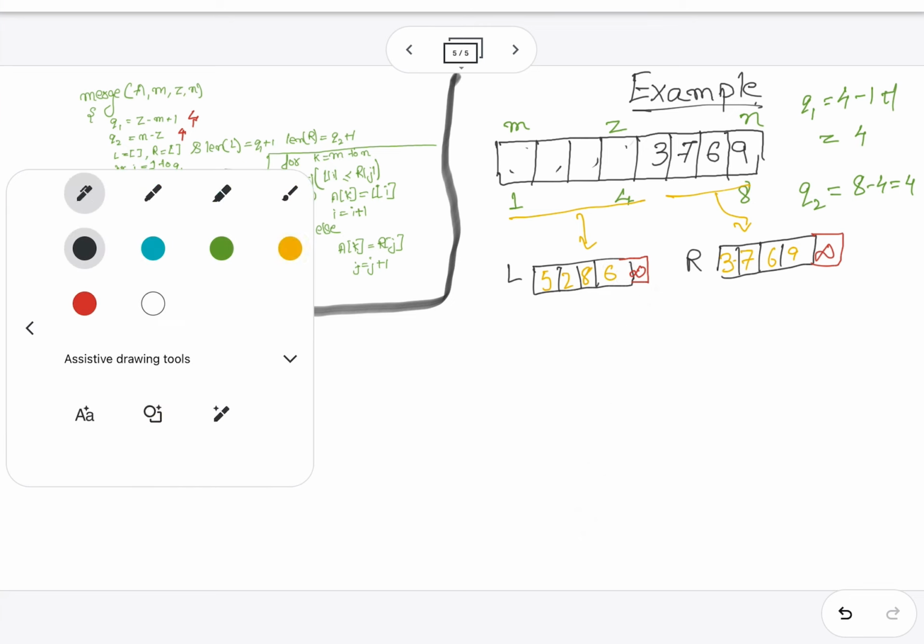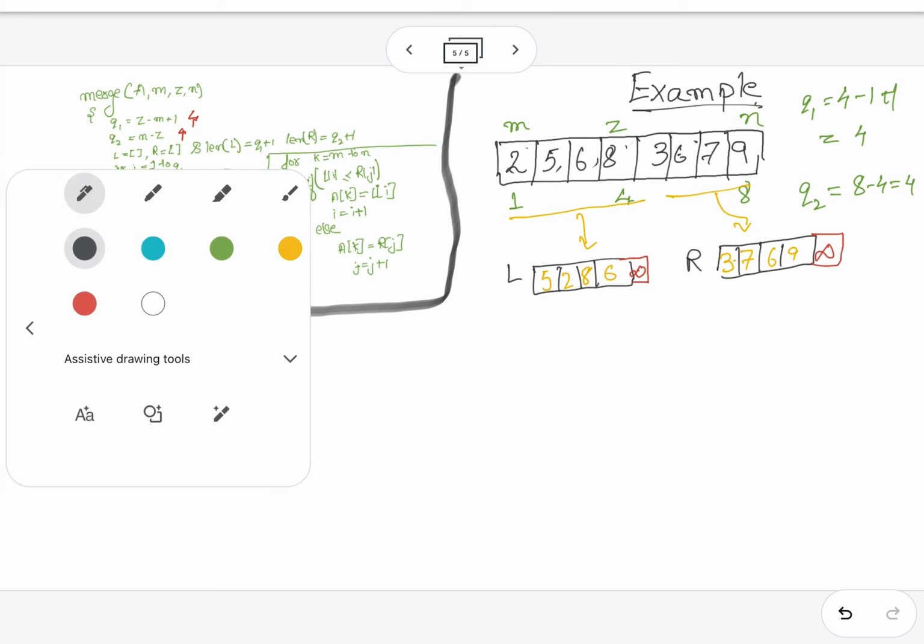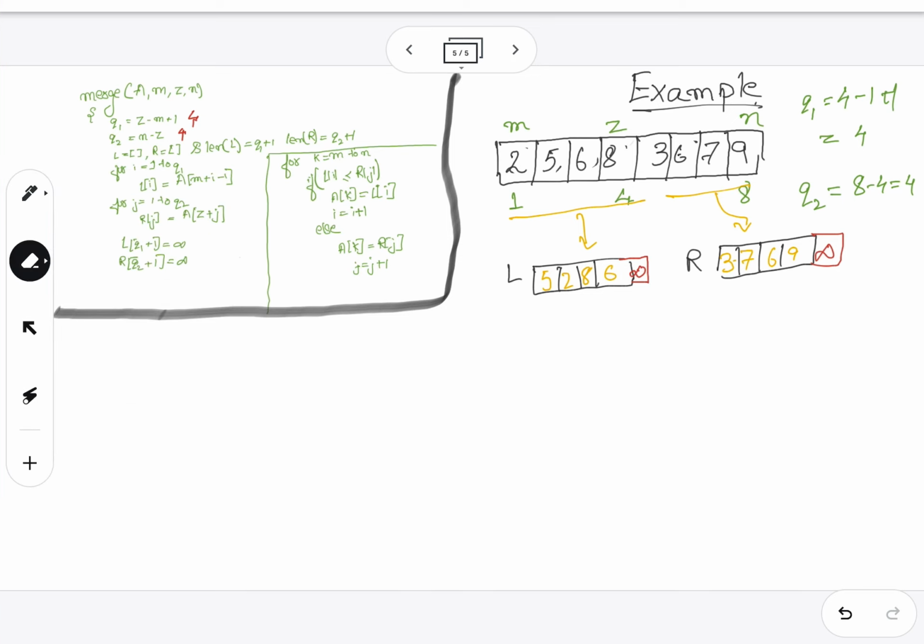Actually it is 2, 5, 6, 8. This is sorted. And 3, 6, and 7. Okay, 3, 6, and 7. Similarly, let's have this part.